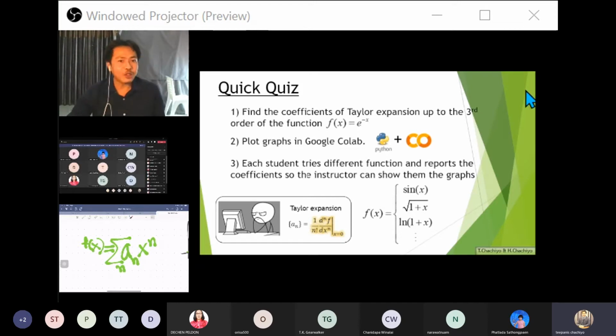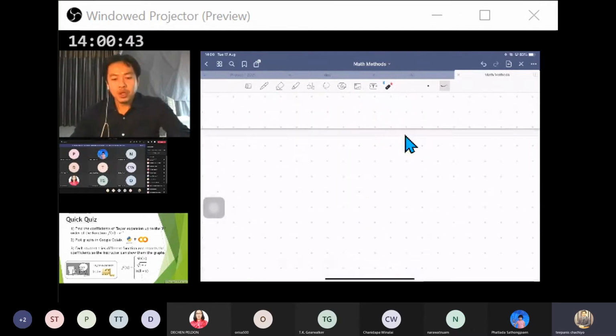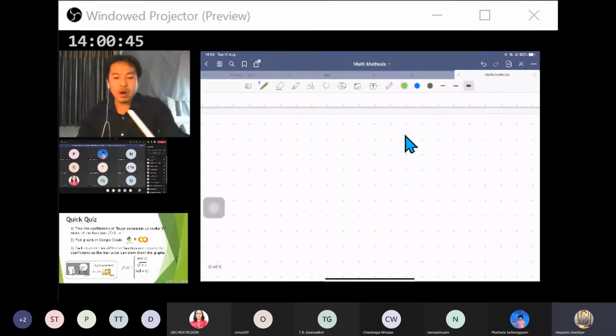So let me switch back to my iPad screen so I can draw it more beautifully to see how you do it. My iPad screen is on the big screen, and there you go. Okay. So what is the problem that we are facing right now?